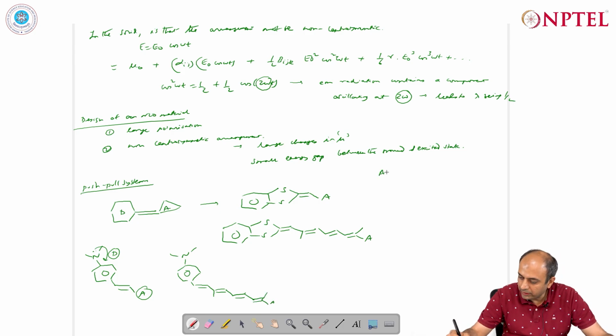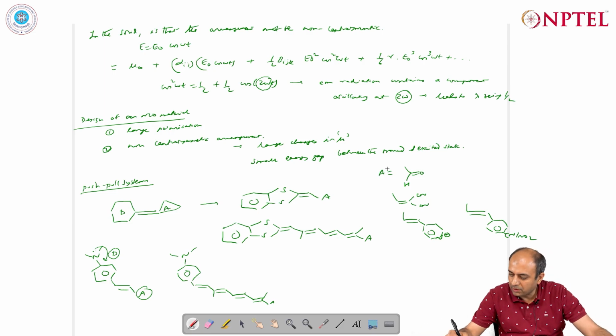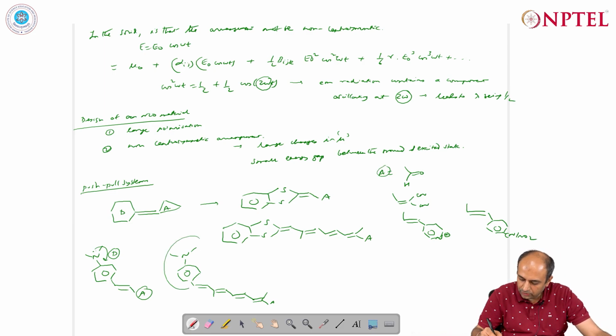And A can be of different types. It can be an electron withdrawing group like an aldehyde. It can be a cyano. It can be a protonated pyridine, or it can be a strongly electron withdrawing cyano or a nitro group. So these can be my acceptor moieties, and these are my donor functionalities which you see here.